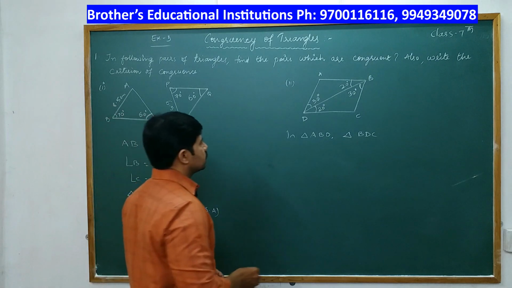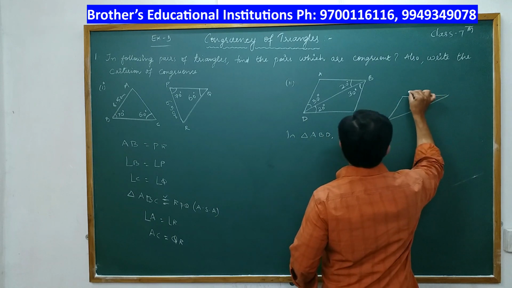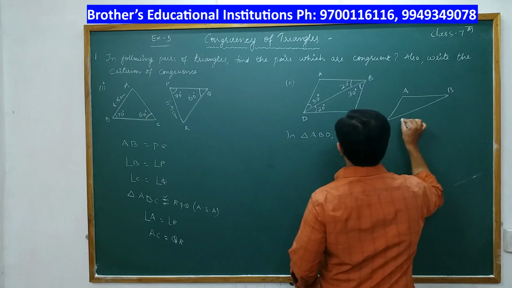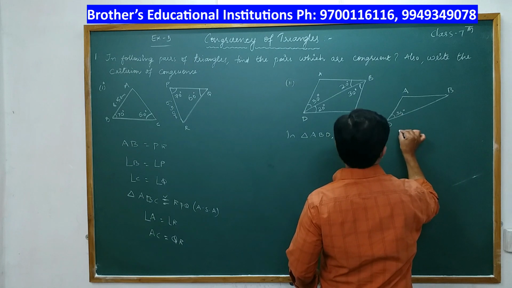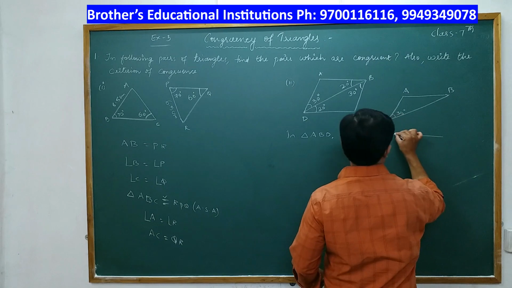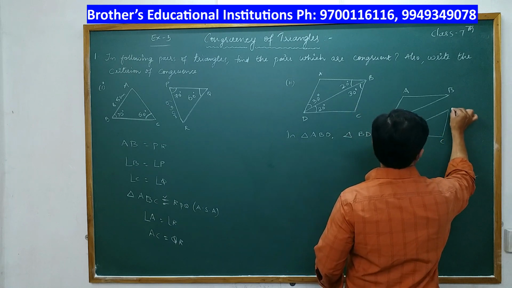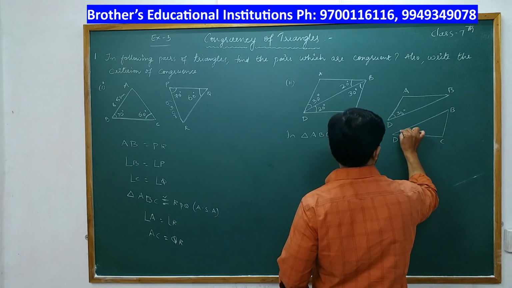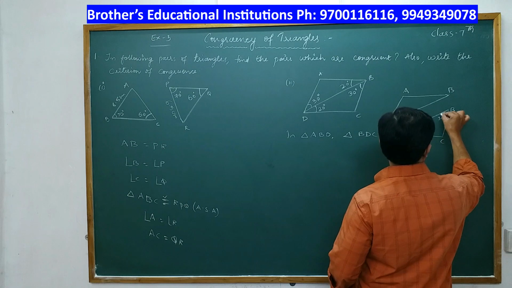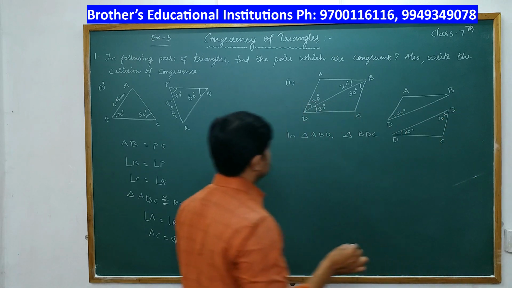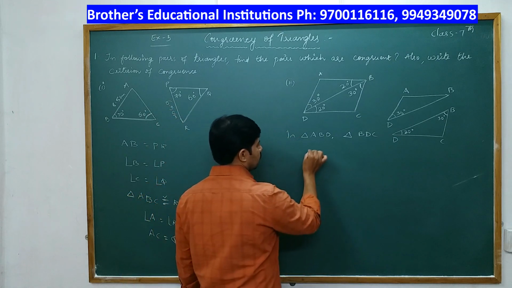In these two triangles, if we split: A, B, D, this is 30 degrees, and the other one we have is DCB. This is 20 degrees, this is 30 degrees.